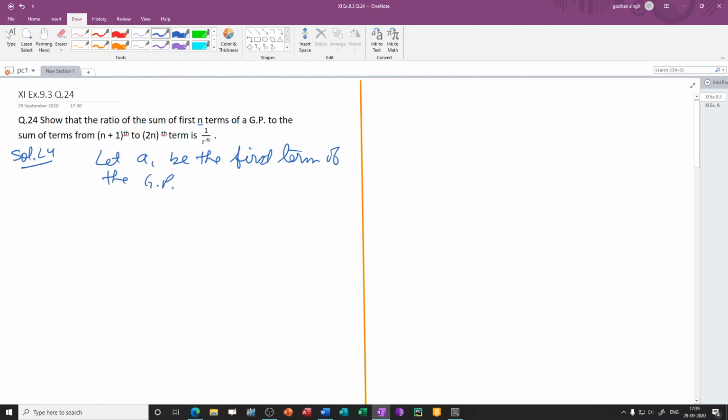Here we have to show that the ratio of the sum of the first n terms divided by the sum of the terms from n plus 1th to 2nth term is 1 by r raised to n. Obviously the common ratio of the GP will be r.